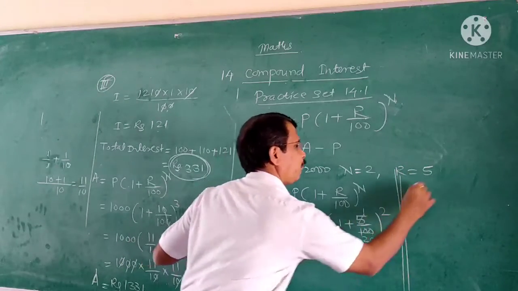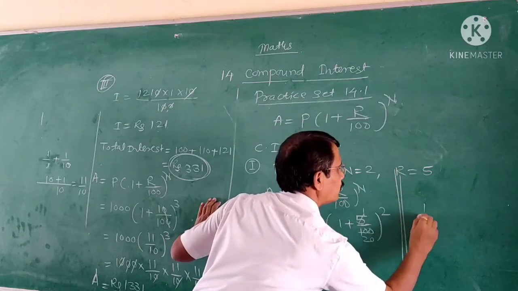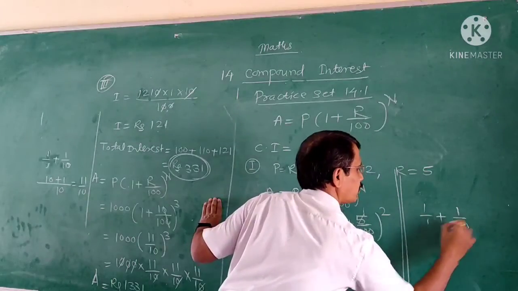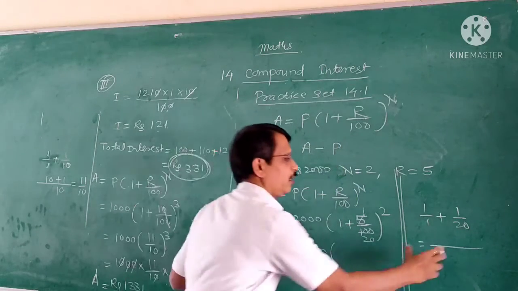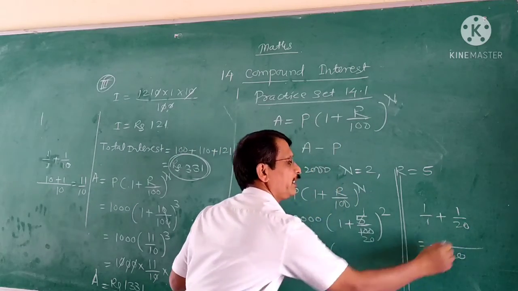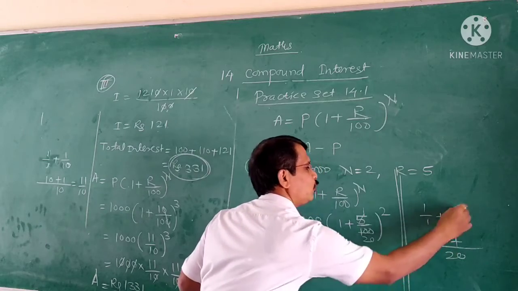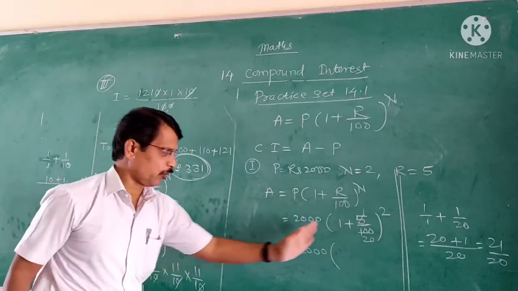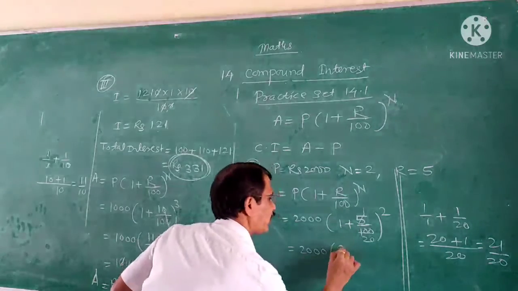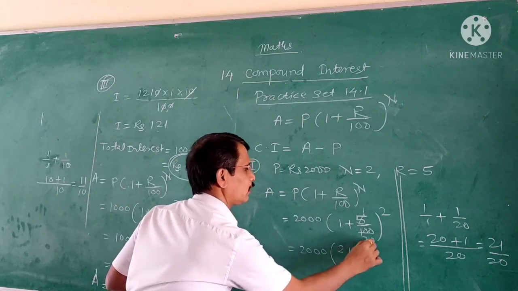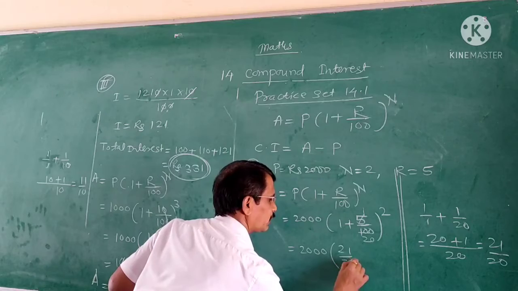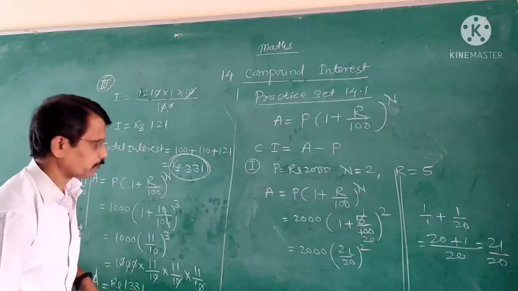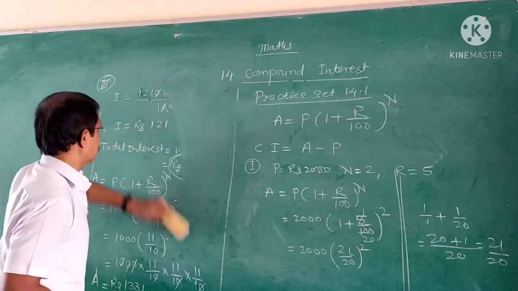Here 1 plus 1 upon 20. Same addition, product of denominator 20. 20 plus 1 into 1 is equal to 21 upon 20. So after solving this bracket, you get 21 upon 20, bracket square.